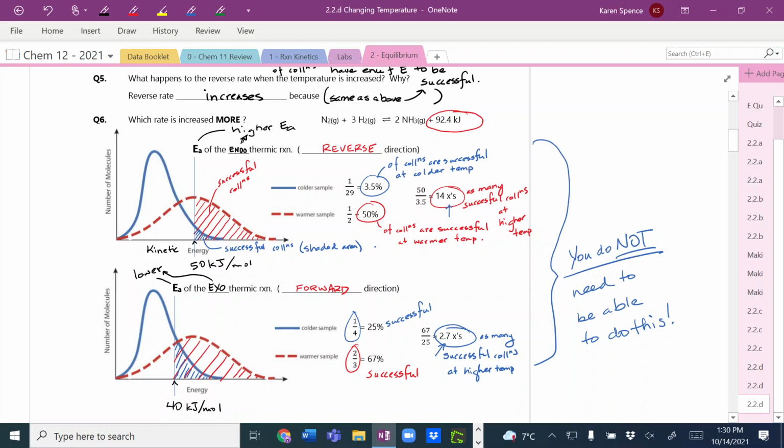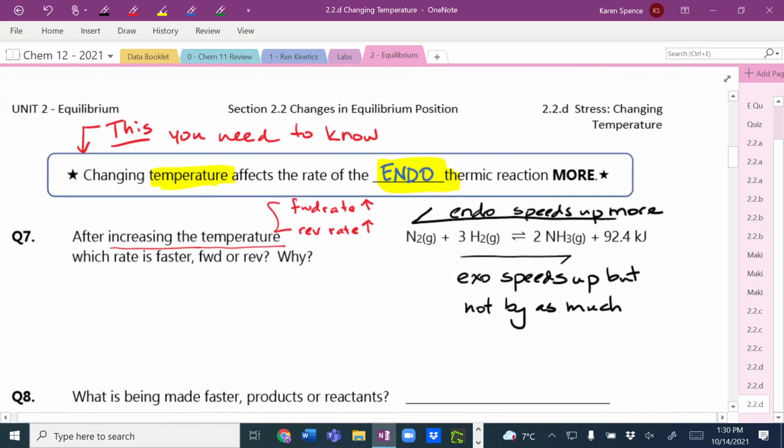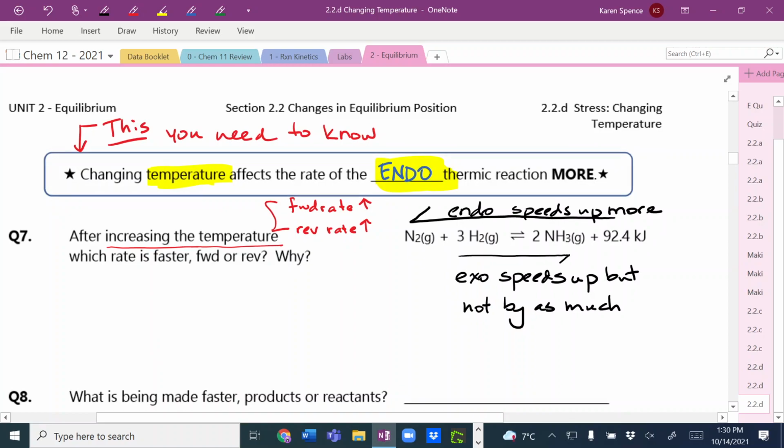And the endothermic reaction has the higher activation energy. So like I said, you don't need to explain that, but you do need to know it.